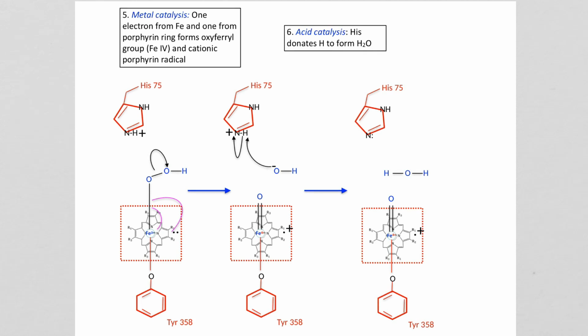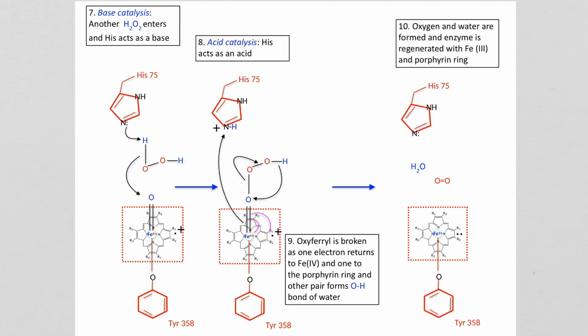In the next step, histidine acts as an acid, donates the hydrogen to the hydroxide ion, forming water. This water product will now diffuse away from the enzyme active site.